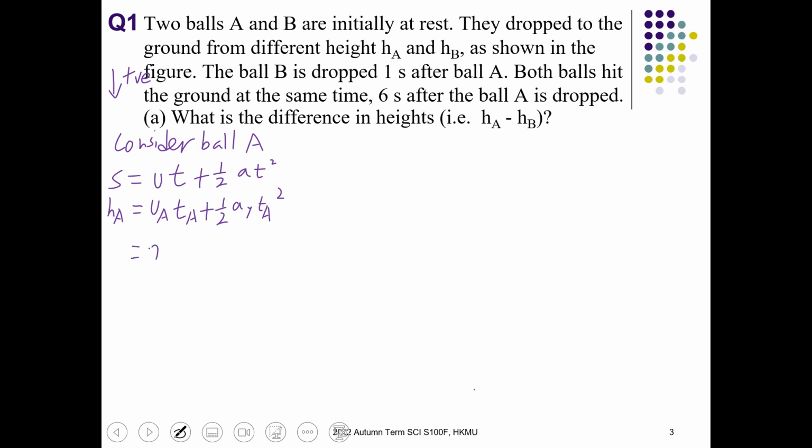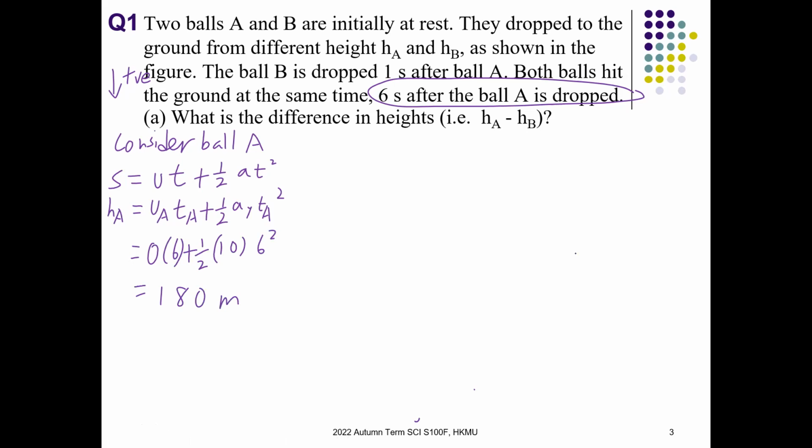Initially the ball is at rest, so U is 0. We know time T for A is 6 seconds. For the acceleration acting on A, this is simply the acceleration due to gravity, G equals 10. We get the height of the ball, which is 180 meters. This is the information for ball A.